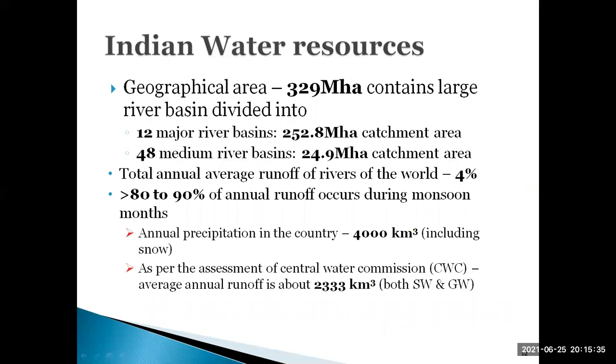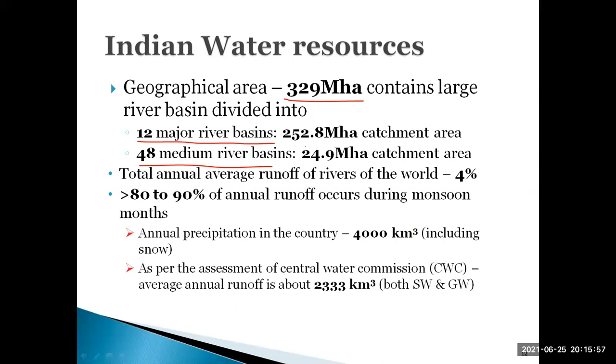Coming to the Indian water resources, how much water resource is available in India? India covers around 329 million hectares of geographical area, which contains very large river basins. These are divided into 12 major river basins and 48 medium river basins.